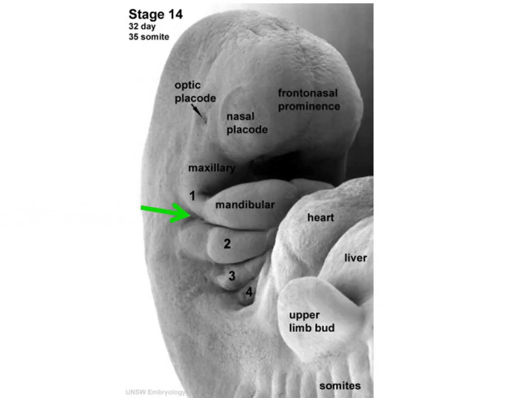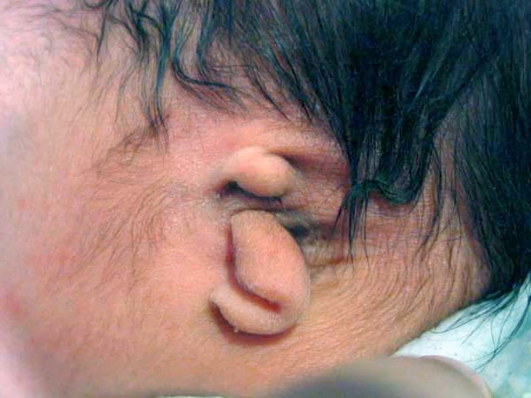Let's refer again to the cleft between the first arch and the second arch. Let's look at the malformed pinna of the ear.